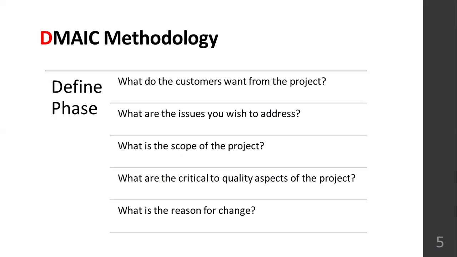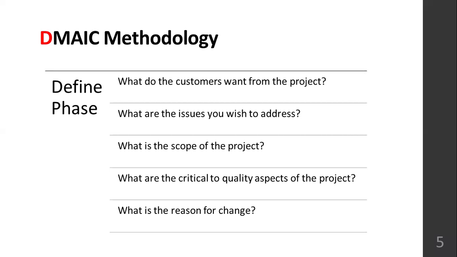So in the define phase, you have to define the problem, or improvement activity, or any opportunity that you see where some work can be done. Project goals, organizational goals, customer requirements, these can also be the defining statement.